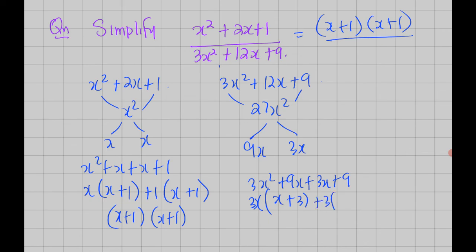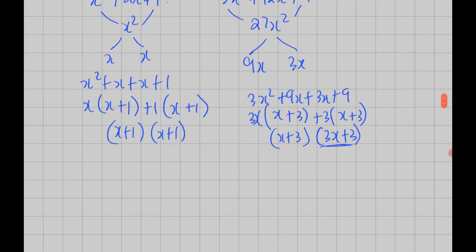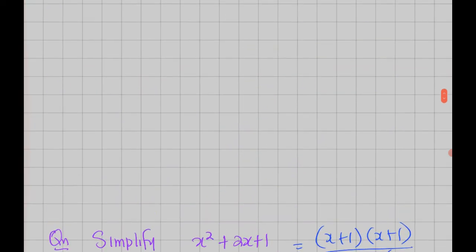One factor here is 3. 3 into 3x, we get x. 3 into 9, we get positive 3, right? And we say x plus 3 times 3x plus 3, right? And you can also factor out 3 here, and we get 3 times x plus 1. So this is the same as 3 times x plus 1 times x plus 3.